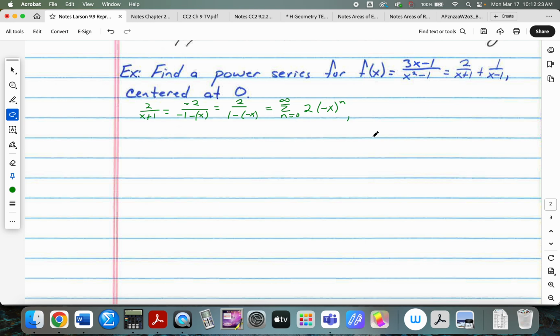Is that clear, or do I need to show that? Yeah, there was enough of a hesitation. So where we want the absolute value of the opposite x to be less than 1, which means the absolute value of x is less than 1, which then means that this goes from negative 1 to 1.